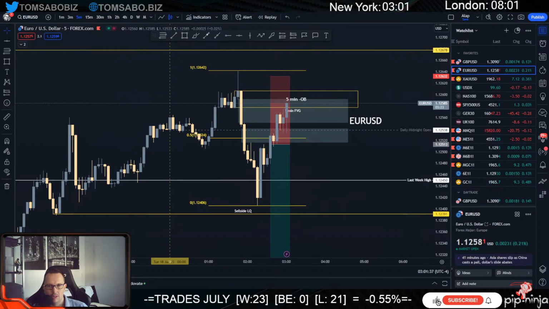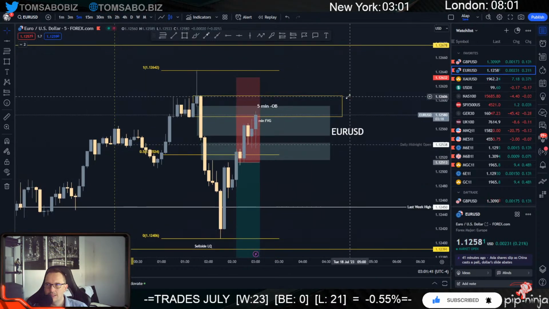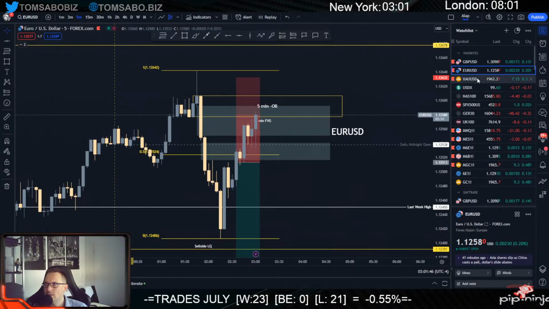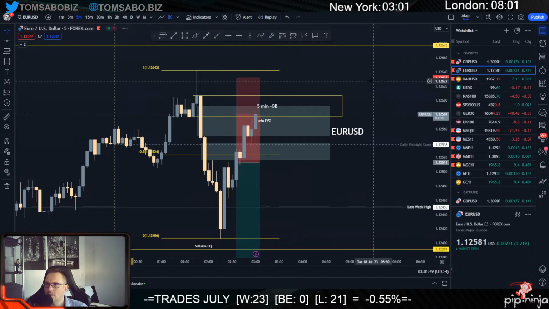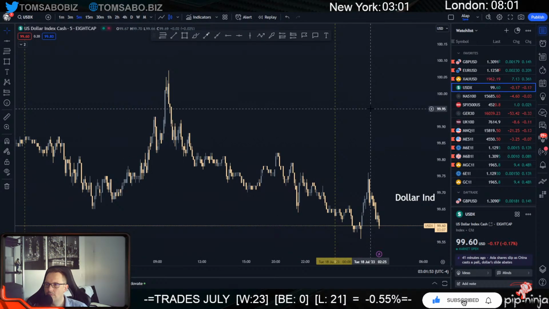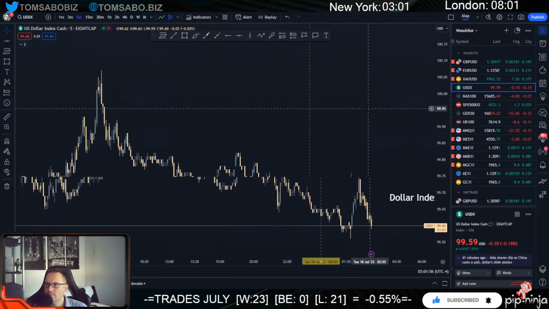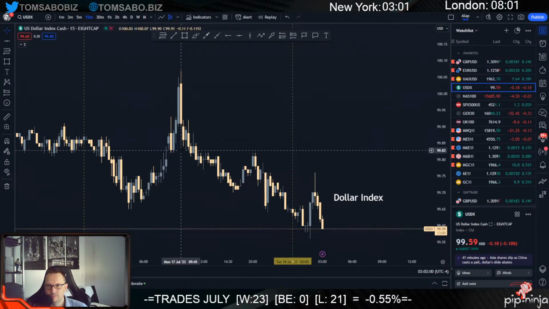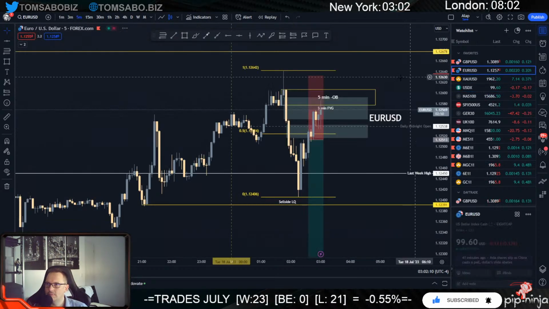Euro USD on that 5-minute order block, yes. This is actually the last line of defense. Let's see if we get a bearish reaction. Just checking the dollar index too. Interesting.